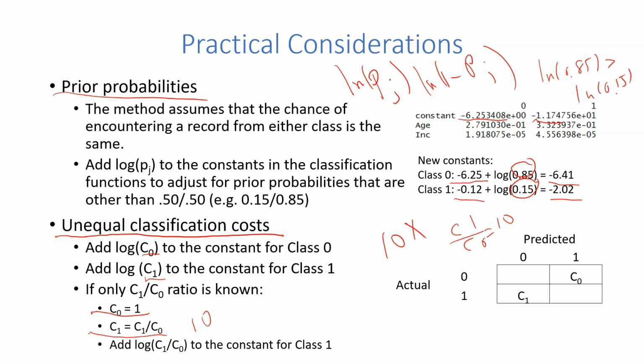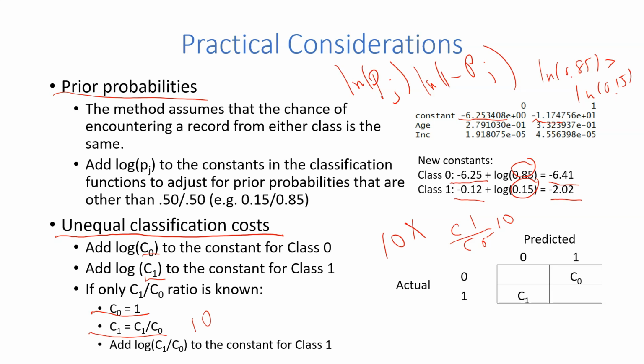For the classification function for class 1, you simply need to add the natural log of the misclassification cost ratio, which is C1 divided by C0, or 10 in our case, to its constant. This adjustment again results in classifying more cases as class 1 cases to avoid high misclassification costs.